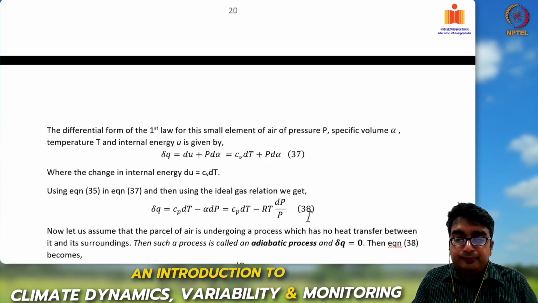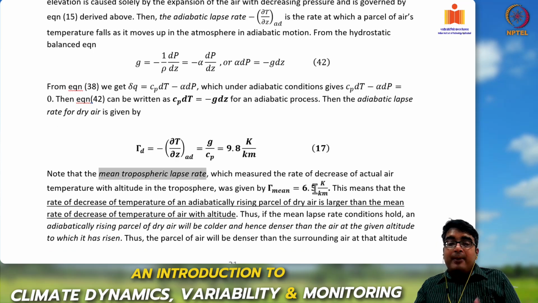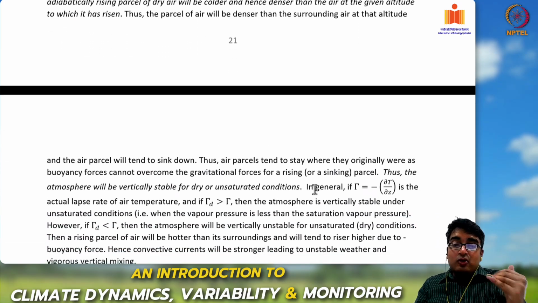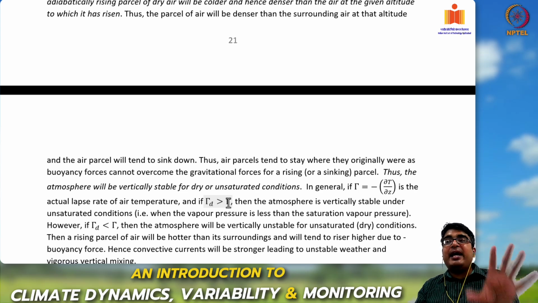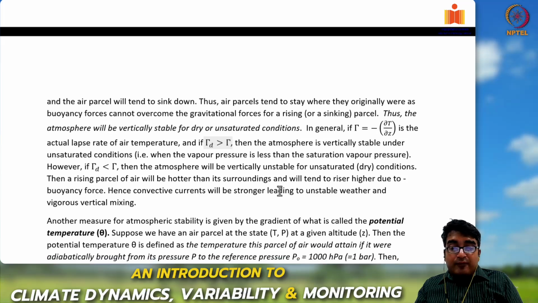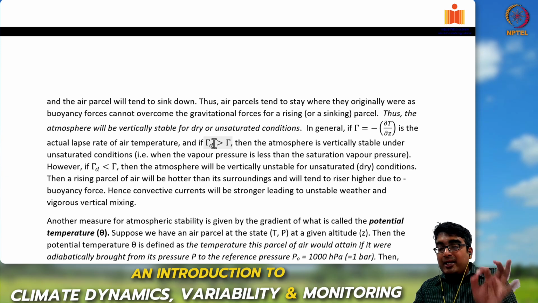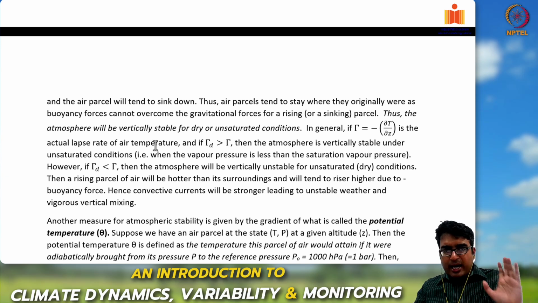So in general, what you are getting for a dry parcel of air is that because of its faster cooling tendency, it will mostly be the case that gamma dry, the lapse rate for dry air, will be greater than the mean atmospheric lapse rate or the prevailing atmospheric lapse rate. And this is the condition for vertical stability. So in general, if gamma equals minus dT/dz is the actual lapse rate of the air temperature, and if gamma dry, the adiabatic dry air lapse rate, is greater than gamma, then the atmosphere is vertically stable under unsaturated conditions. This is only the dry air condition.